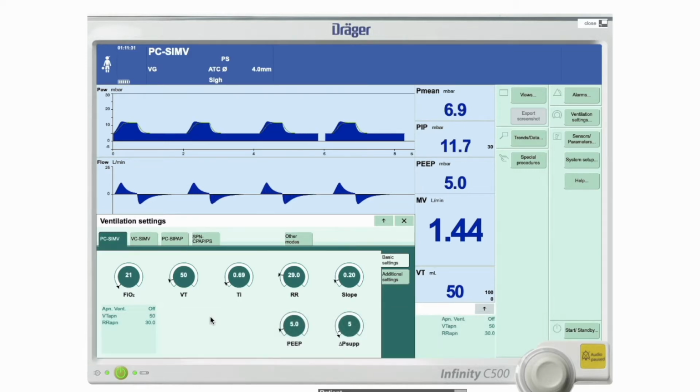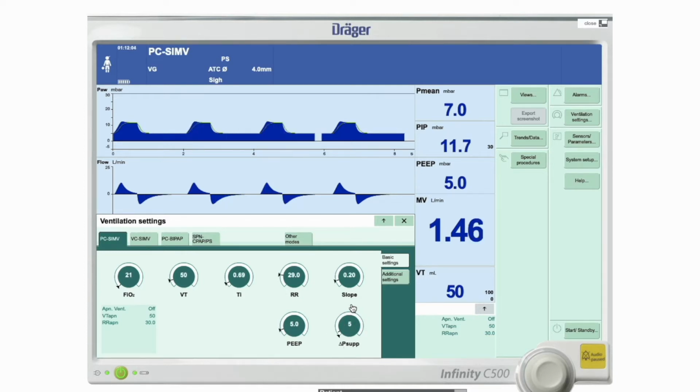We know that pediatric patients in particular like synchronous modes. They like to be able to take a breath themselves. So if a pediatric patient wants to take a breath itself, the breath needs to be supported. The way we support these breaths is, one, synchronizing the mandatory breaths, and where you can't synchronize a mandatory breath, you add pressure support to the child's own breath, so the child can trigger a pressure supported breath.